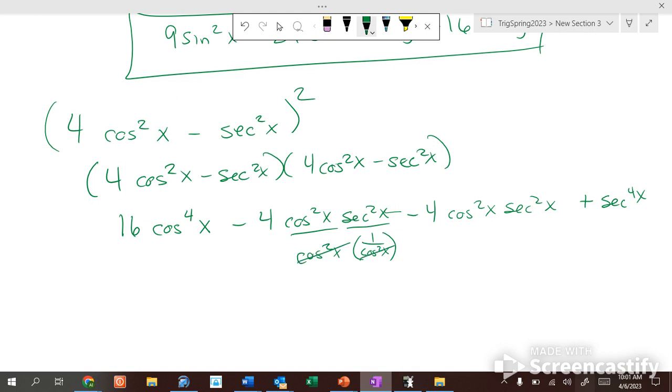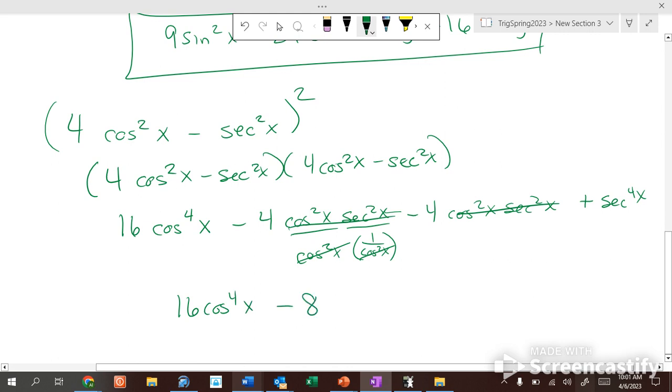So these cancel, right? So these cancel each other, because cosine squared over cosine squared is 1. So what we're left with in the end is 16 cosine to the 4th of x minus 4 is minus 8 plus secant to the 4th of x.